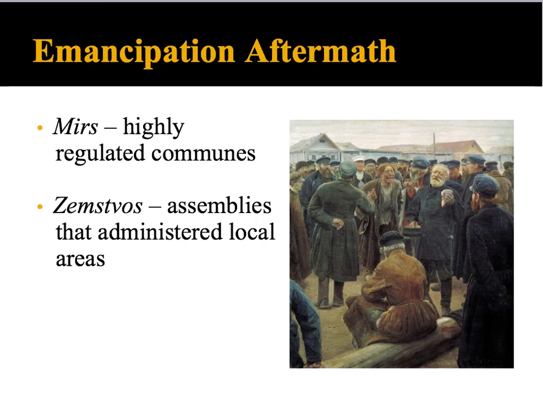But anyway, so the zemstvos give a little bit of political participation and control to the local bodies of people. And this is going to be kind of a forerunner for Soviets, which are workers' councils, which will develop about 50 years from now. Alexander also relaxed censorship.